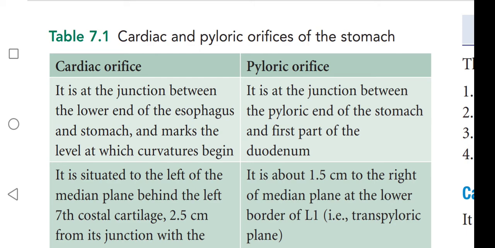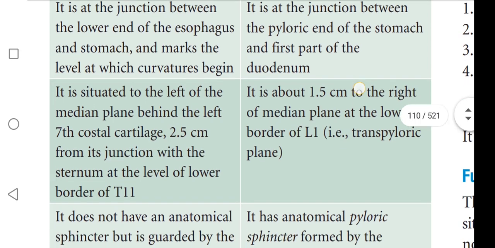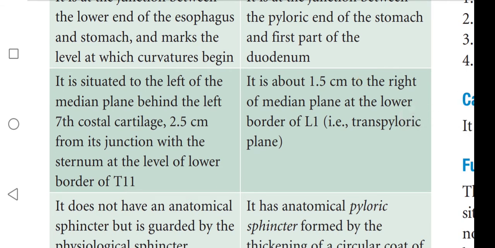It is at the junction between the pyloric end of the stomach and the first part of the duodenum. The cardiac orifice is situated to the left of the median plane, behind the left seventh costal cartilage, 2.5 cm from its junction with the sternum, at the level of the lower border of T11.